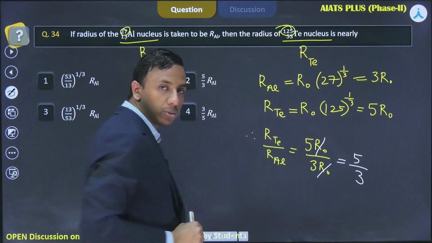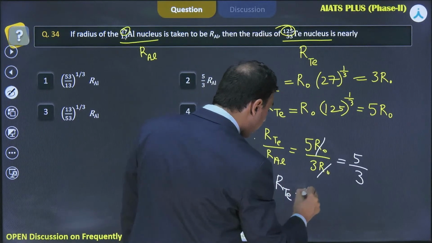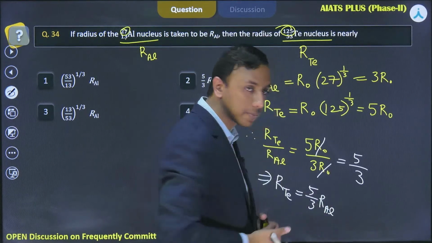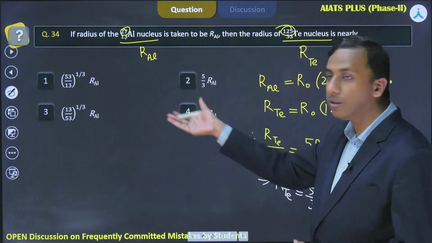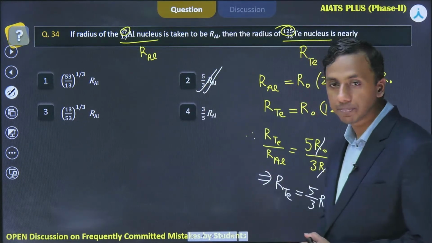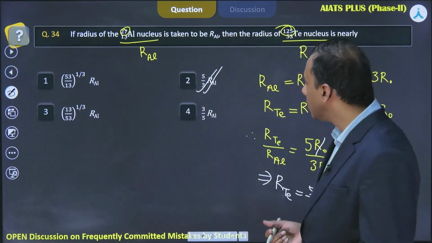Take this R_Al to that side, so R_Te becomes 5 by 3 R_Al. Which are the options? That one says this one. Okay, very simple this one was.